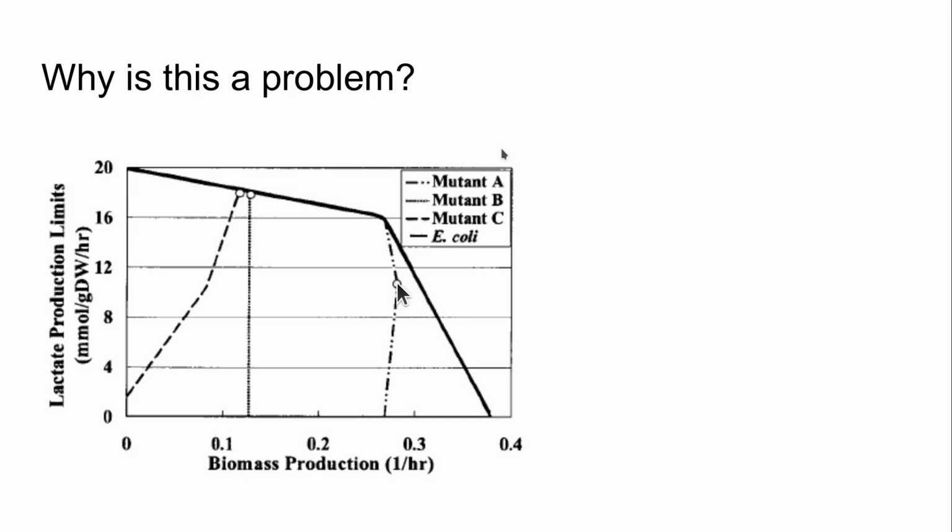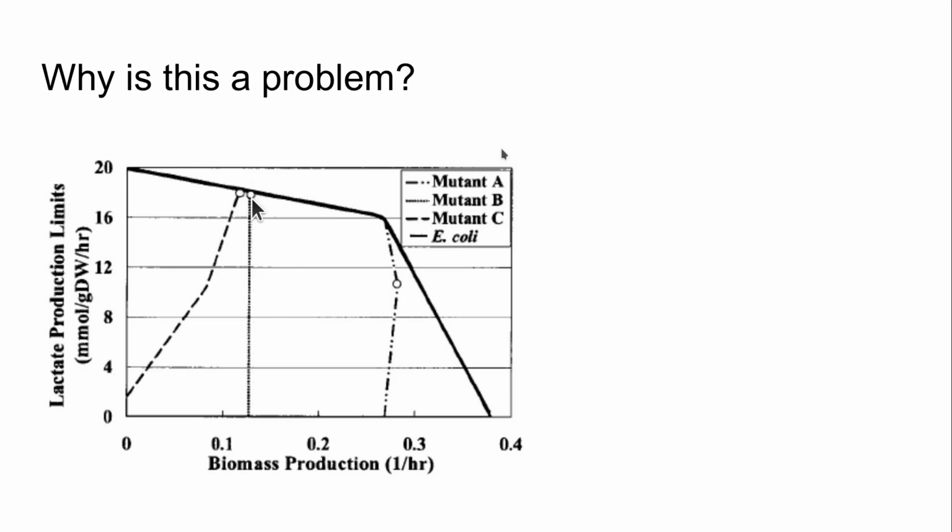And for this one, it's fine, because here we only have one solution, and that involves a very acceptable level of lactate production. Similarly here on this one, its optimal growth is a single point and involves a respectable amount of lactate production.